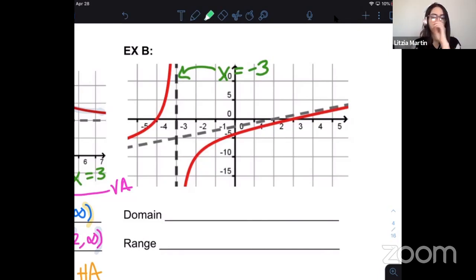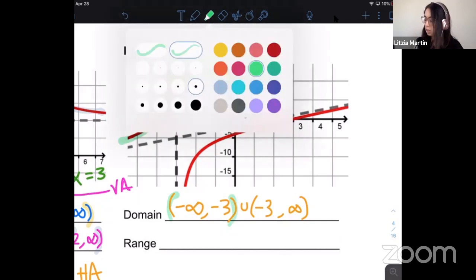It only has one vertical asymptote. So my domain is going to be from -infinity to -3, which is where that vertical asymptote is, and union -3 to infinity. So it's just these 2 pieces that are continuous here.